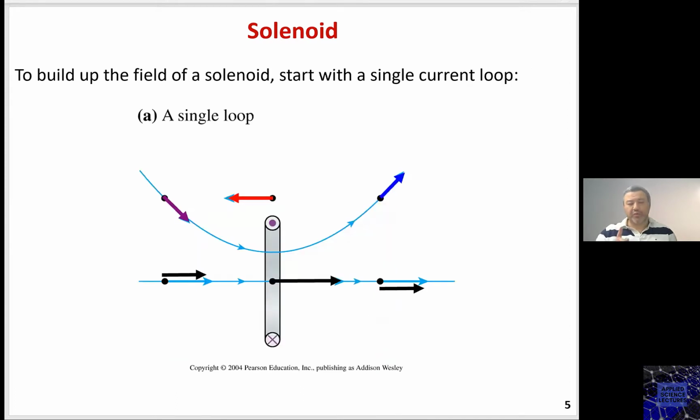Now, if we look at only one loop, the one that we have seen before, we can see that the magnetic field right on the axis that goes through the center of this loop is, as you can see here, straight, while the point at the center of this loop would be the maximum. However, if we look at the sides of this loop, we can notice that there are some closed lines that define the magnetic field as well, and we have seen that before.